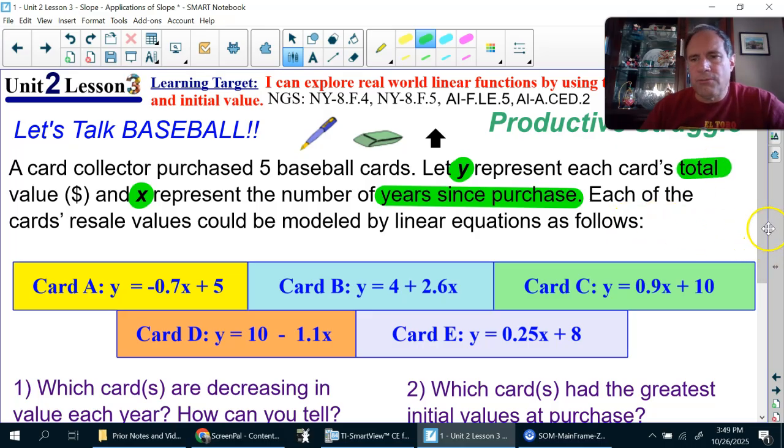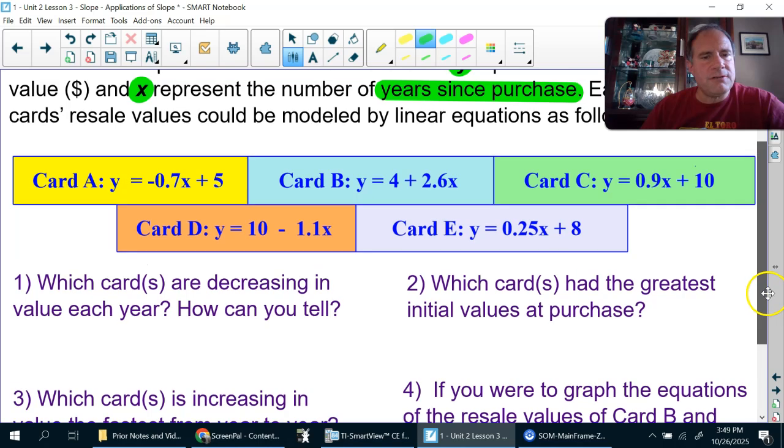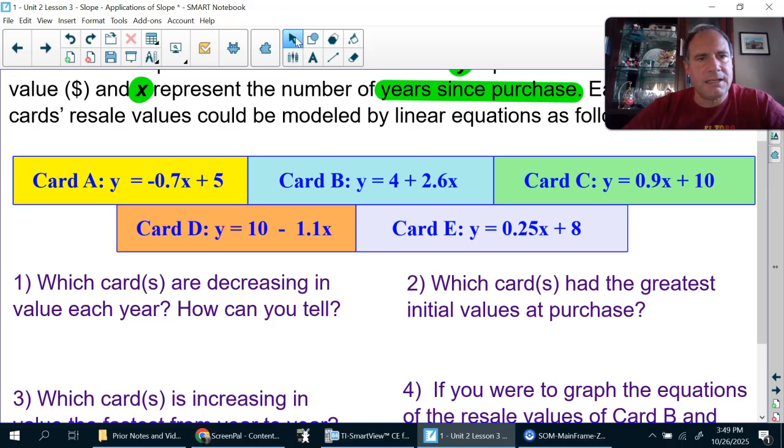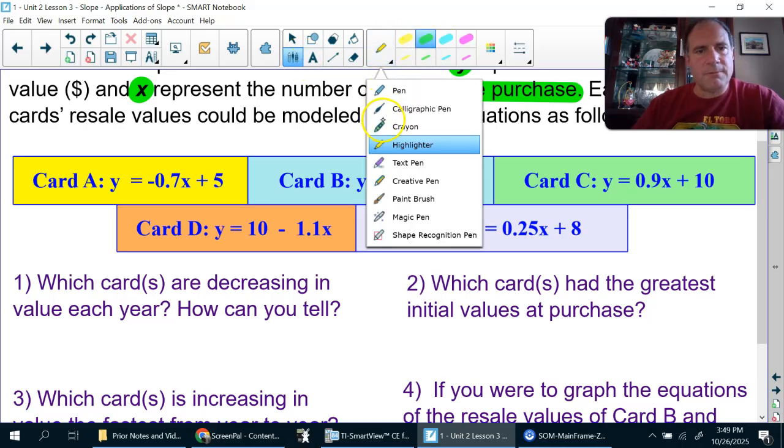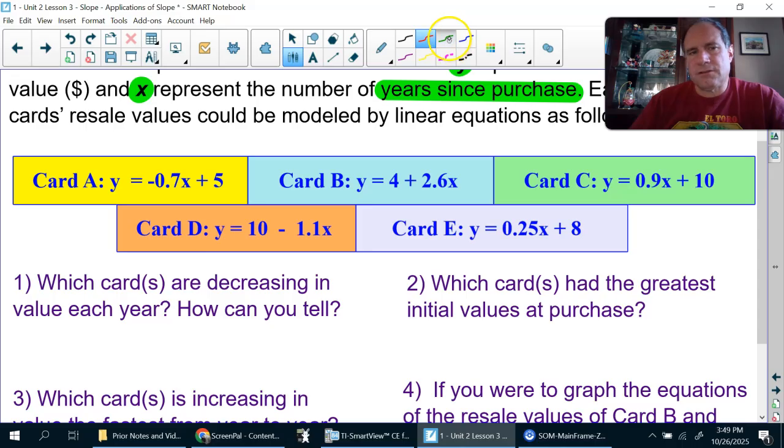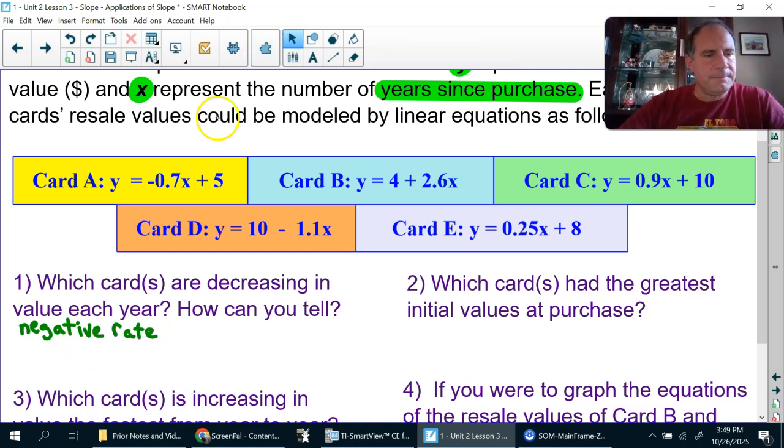All right, so which cards are decreasing in value each year? Decreasing means negative slope, negative rate. So anything with a negative rate, that is a decreasing value. So card A is decreasing in value.